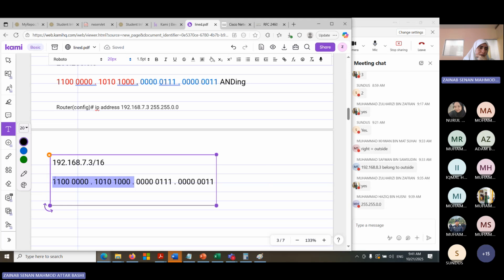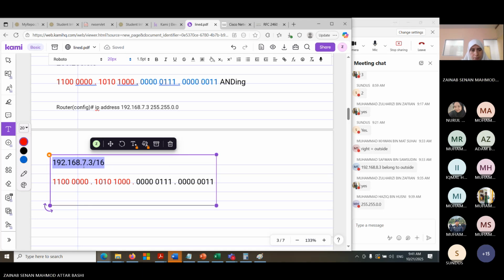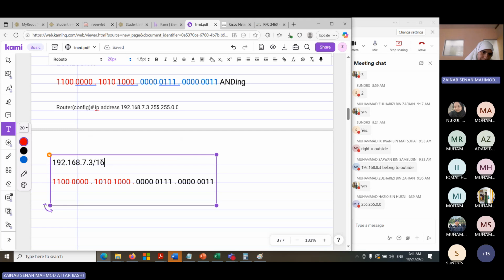If I color it, this is the red part. Now, how many devices are inside the same network with this computer? How many devices in KICT can we have, for example, if we have /16? Meaning that the host portion will change, so we will not have two devices exactly the same.